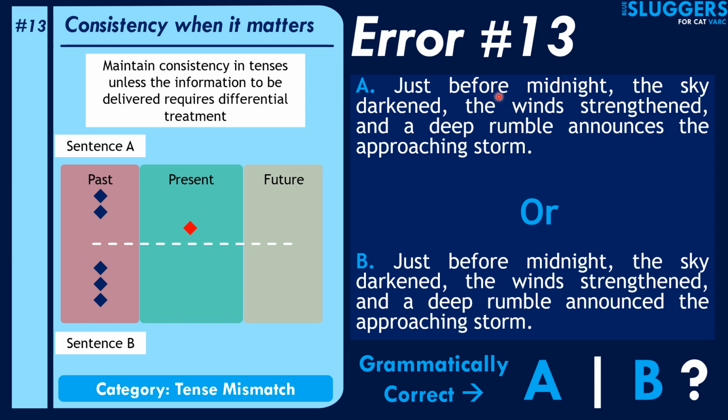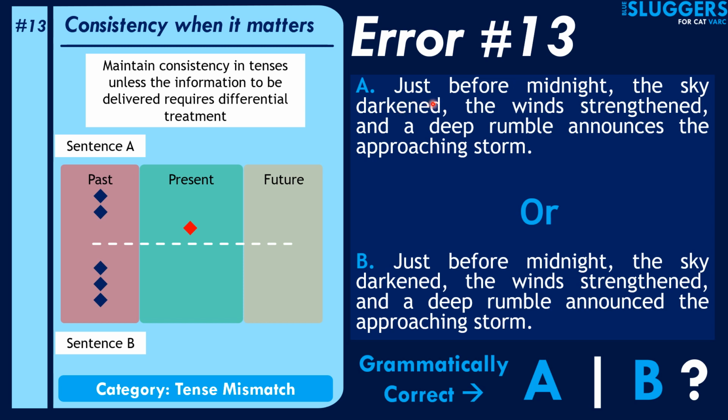Maybe you're relating some incident where multiple events happen at different points in the timeline. In that case, you might have to use different tenses. But if that's not the case, you'd want to stick with the same tense.